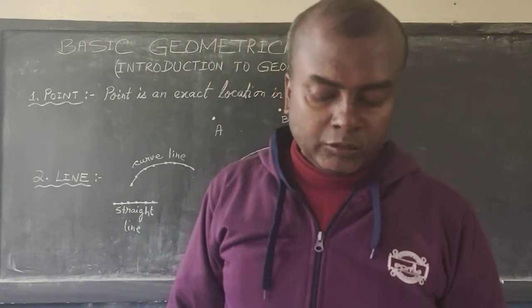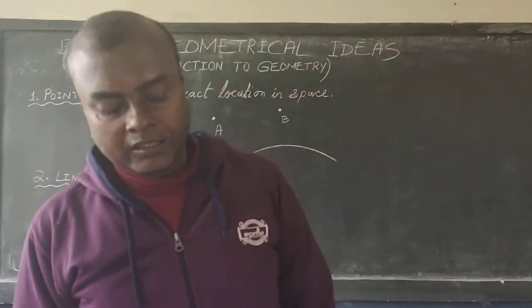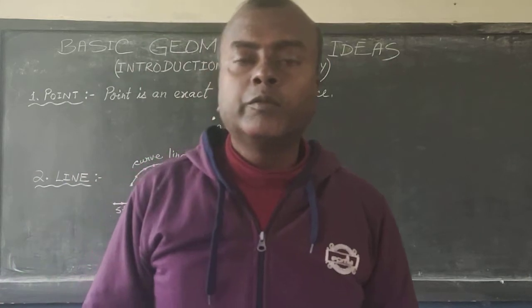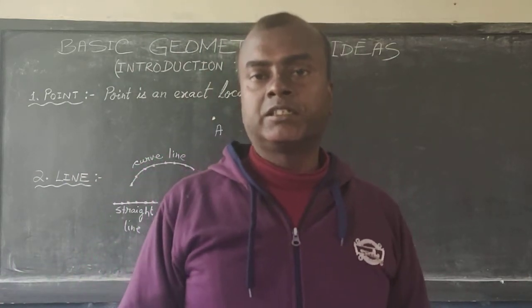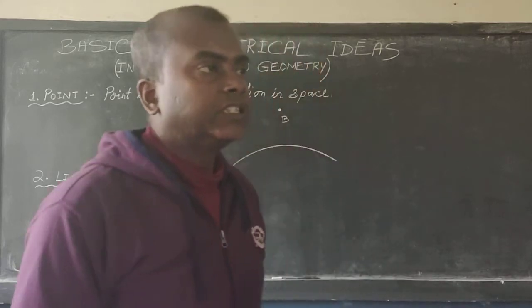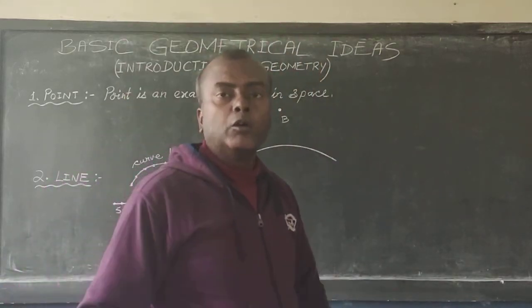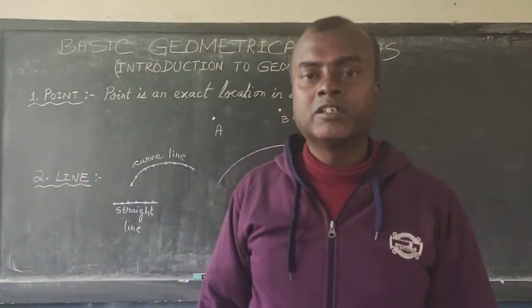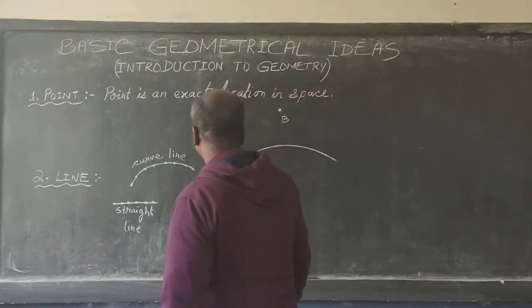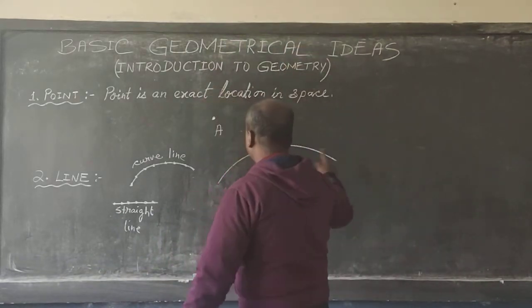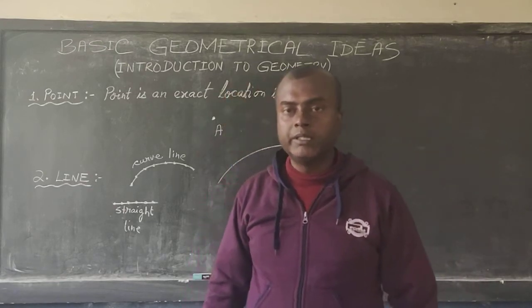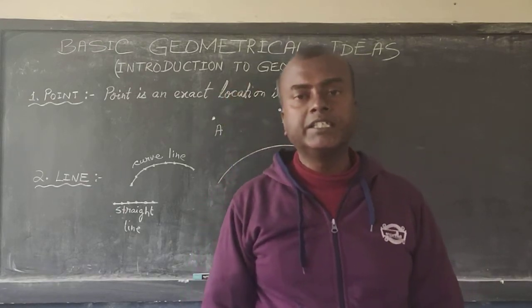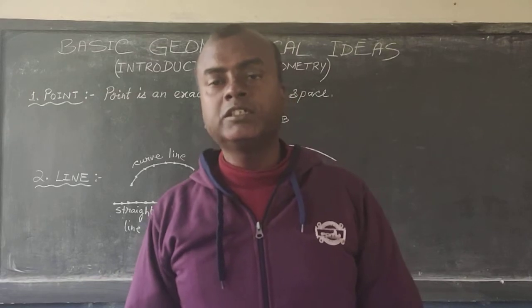Now in geometry again, a line is thought of as having no end points. When I say a line, I don't know how long the line is going to be drawn. If I say to a student, draw a line on the blackboard, I did not tell him to draw a line of say 5 centimeter or 10 centimeter or 5 inch or 12 inches.